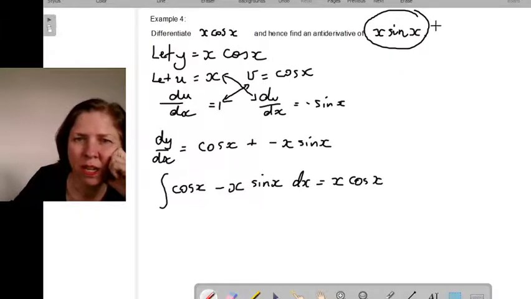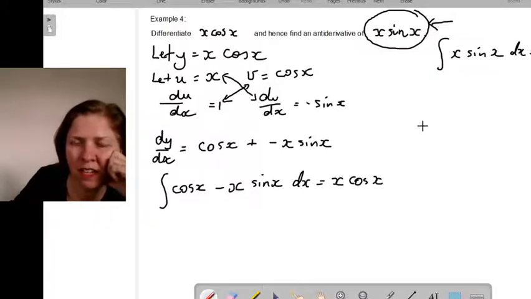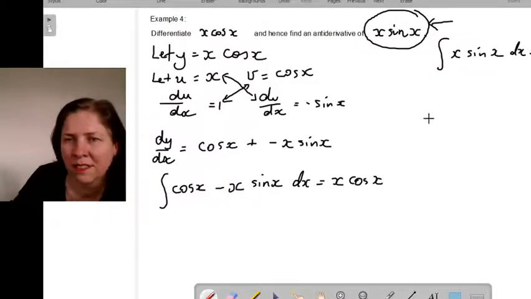Now let's remember, I'm not going to do this by trying to anti-differentiate x sine x. I'm going to take what I know and rearrange it until I have an expression that looks like this. I've got that on my left-hand side, and on the right-hand side, the answer, right?